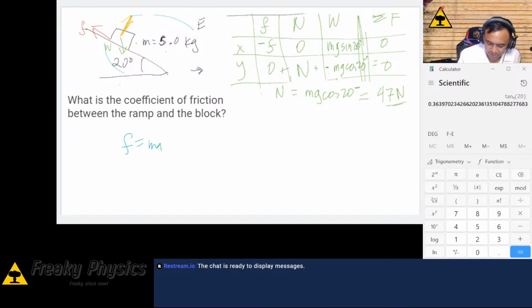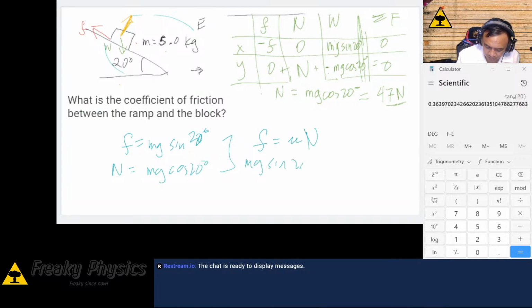F equals mg sine 20 degrees, and then n is equal to mg cosine 20 degrees, and from here F equals mu n. So this is mg sine 20 degrees equals mu mg cosine of 20 degrees. Same thing exactly happens. We're left with mu is equal to tangent 20 degrees, and that leaves you with 0.364.